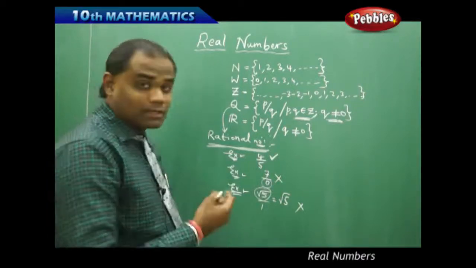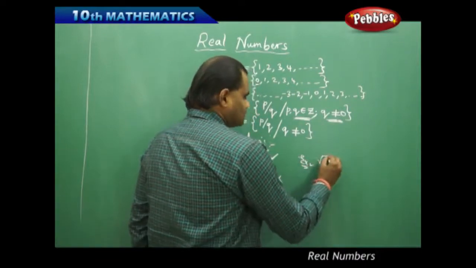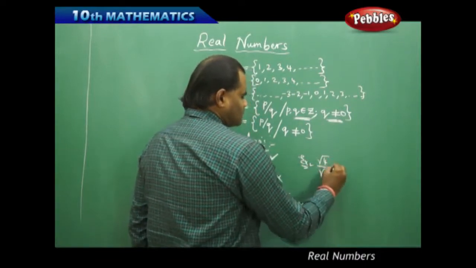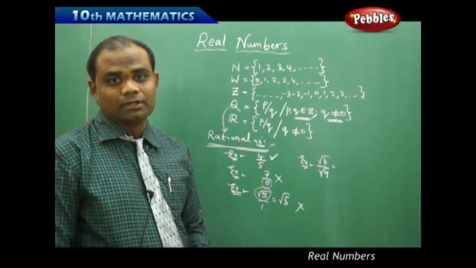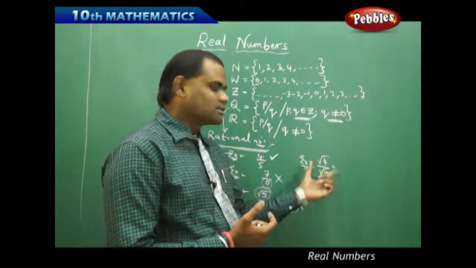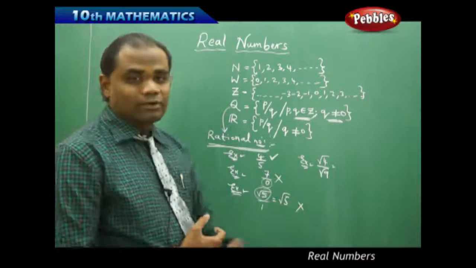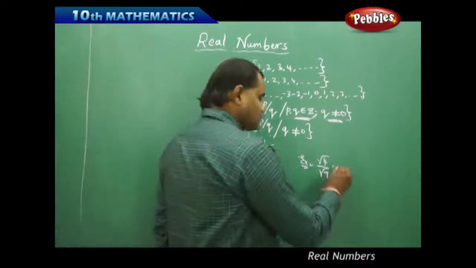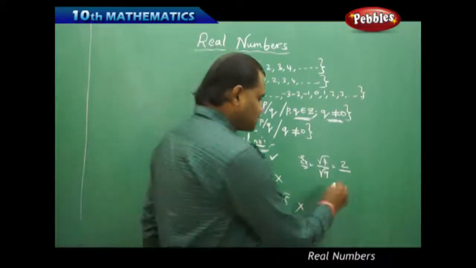Similarly, if I take a further example, say root 4 by root 9, I want to test whether this is a rational or an irrational number. So I try to simplify it further. We know that the square root of 4 is 2, and we also know that the root of 9 is 3.